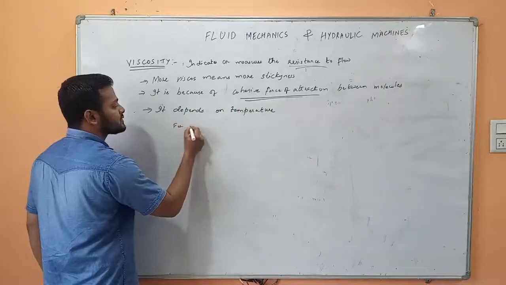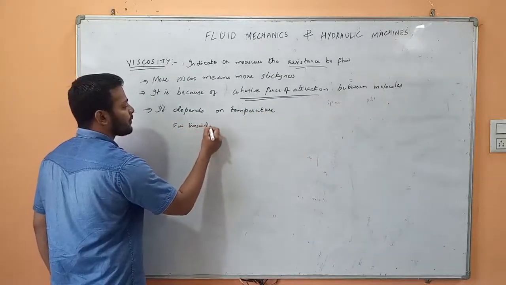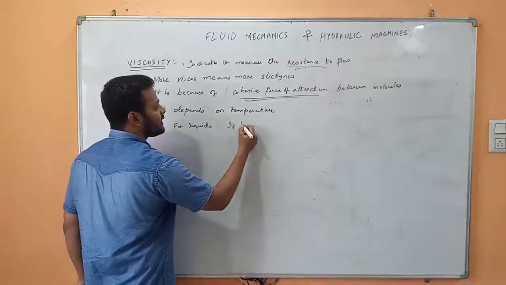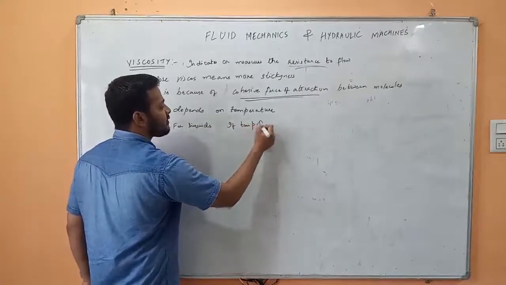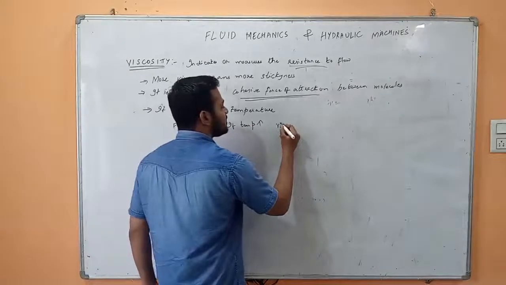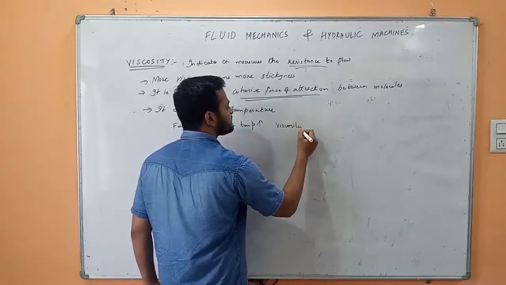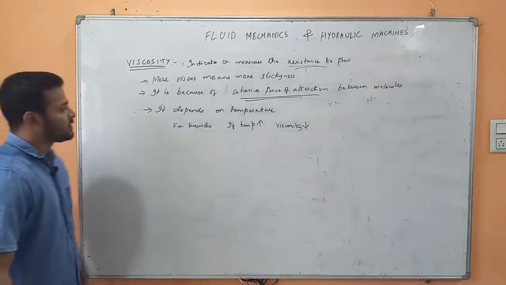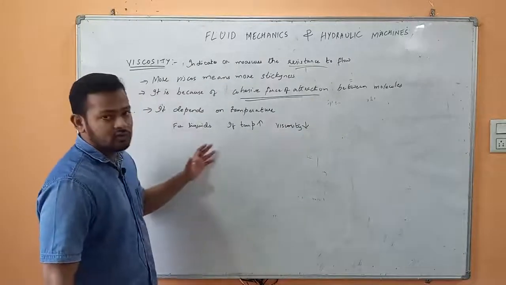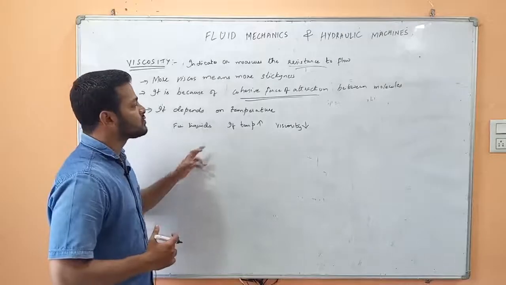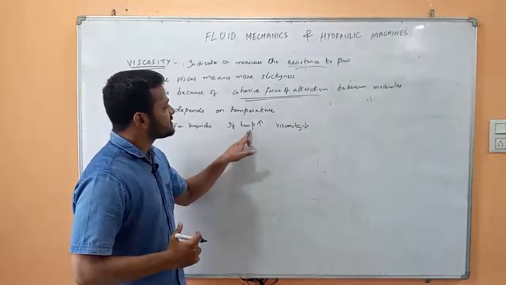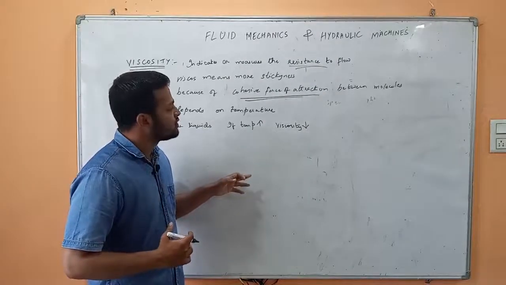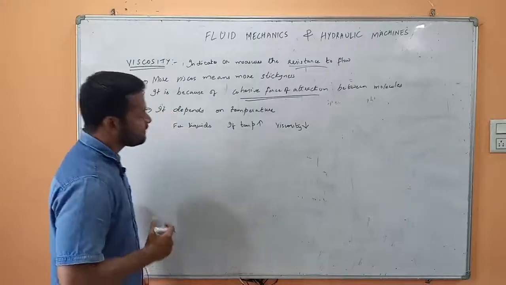For liquids, if temperature is increased, viscosity decreases, because the force of attraction between molecules reduces, the bond reduces. So if the temperature is increased, the stickiness will reduce, therefore the viscosity will also be reduced.